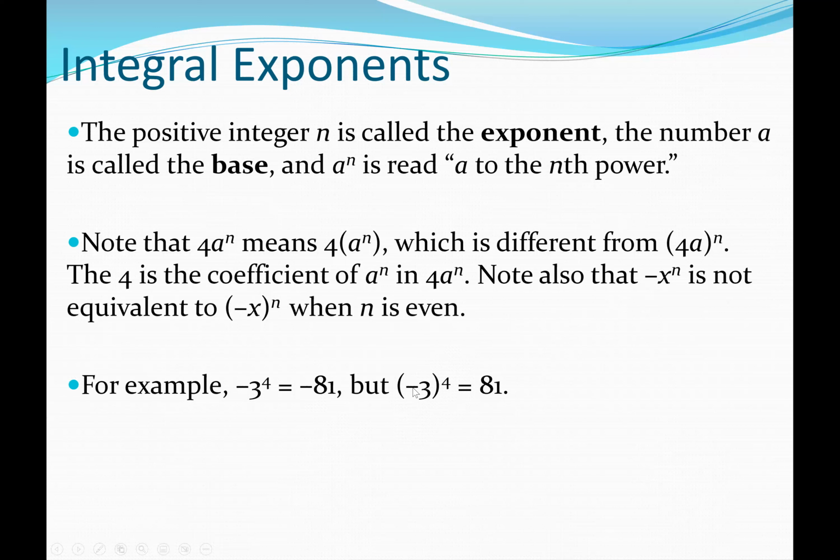So anytime that we have a negative value and the exponent is an even number, the answer will be positive. Now, if the exponent is an odd number, the answer will be negative. So (-3) to the power 4 will be positive 81. But negative 3 to the power 4 will be negative 81.